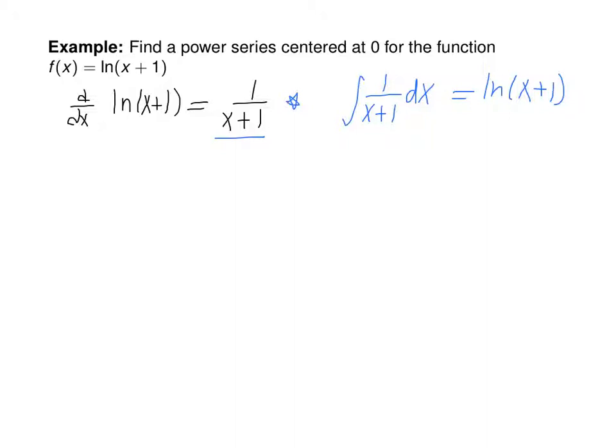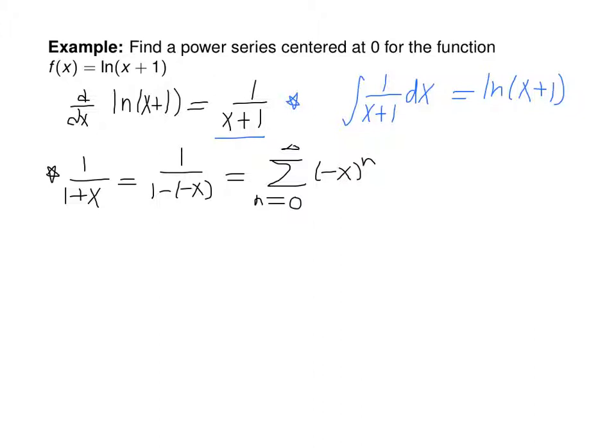So let's start by finding a power series for 1 over 1 plus x. Not very hard, that's 1 over 1 minus negative x. So we have the sum from n equals 0 to infinity, negative x to the n, which is the same thing as the sum from n equals 0 to infinity, negative 1 to the n, x to the n.